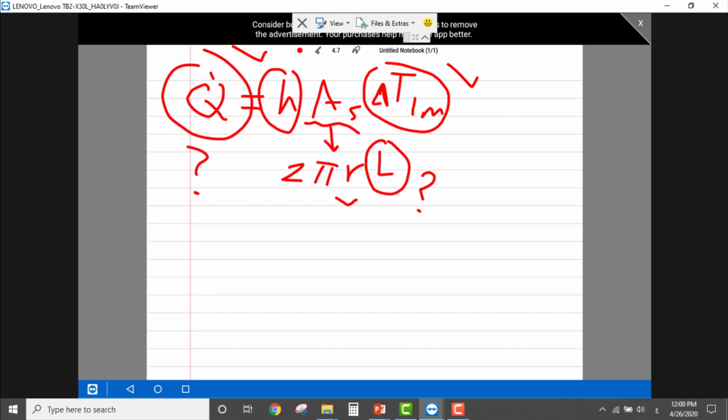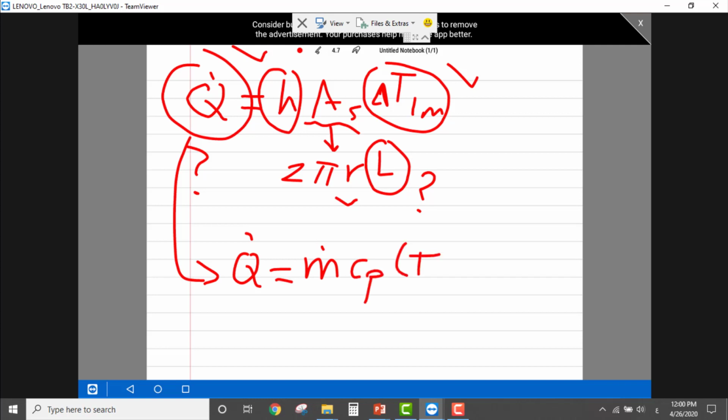But how can we find Q dot? Q dot is equal to m dot Cp times T mean exit minus T mean inlet. Sorry, the opposite, T mean exit minus T mean inlet. Okay, from higher to lower.